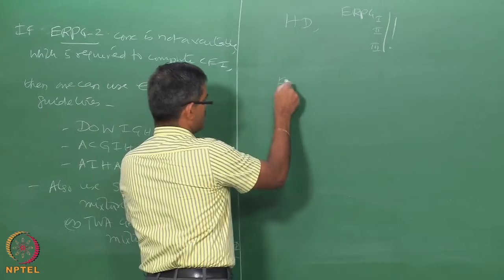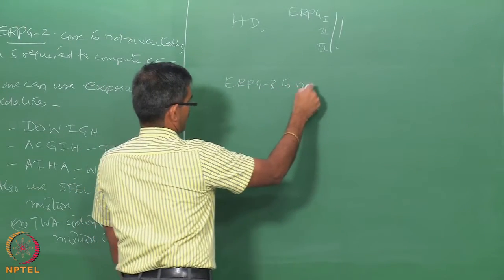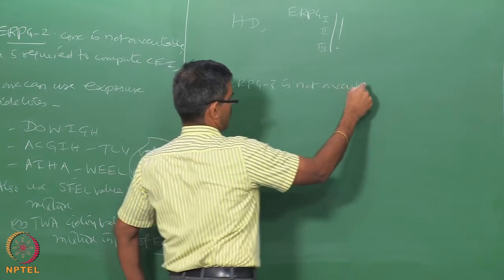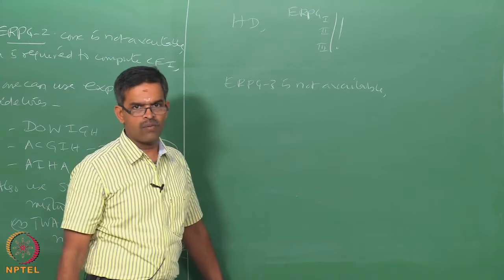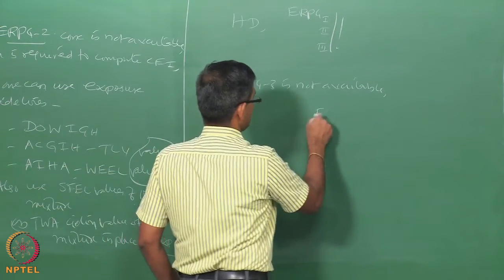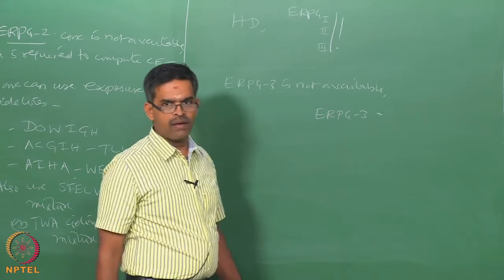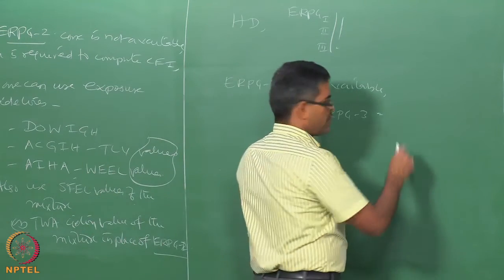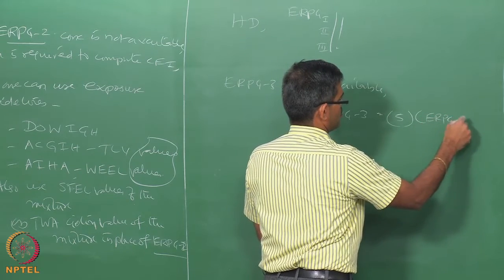So, if ERPG 3 is not available or is not listed for the mixture in the table, then one can assume ERPG 3 as 5 times ERPG 2.